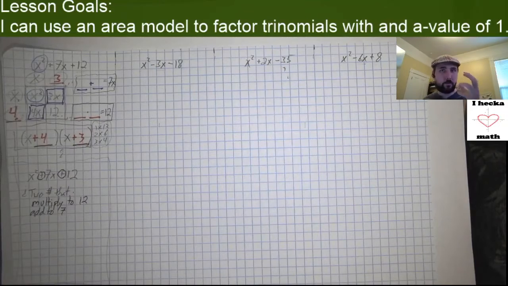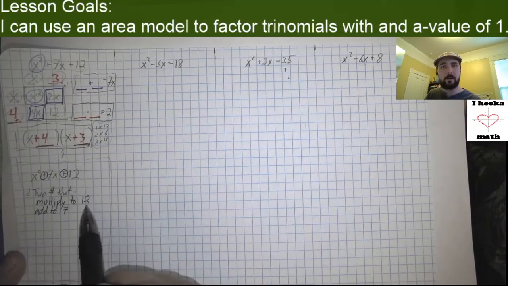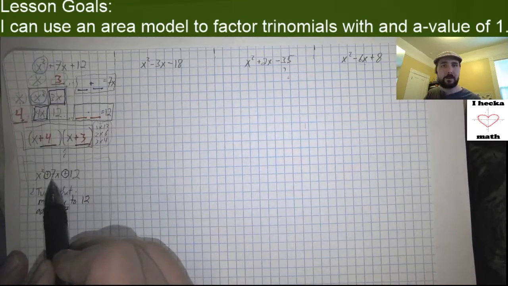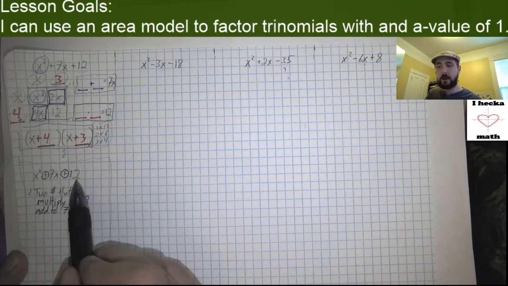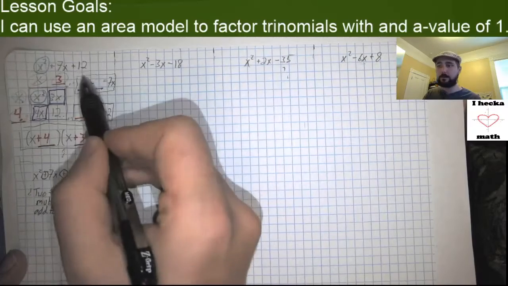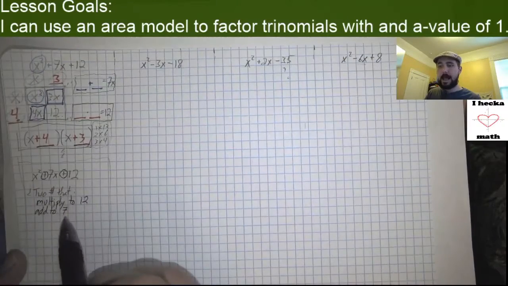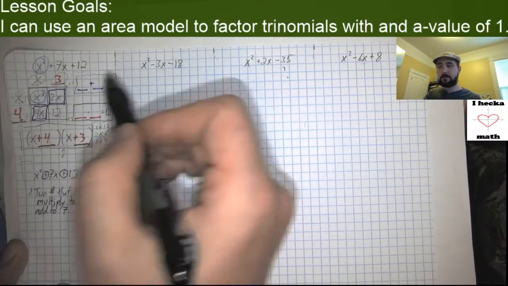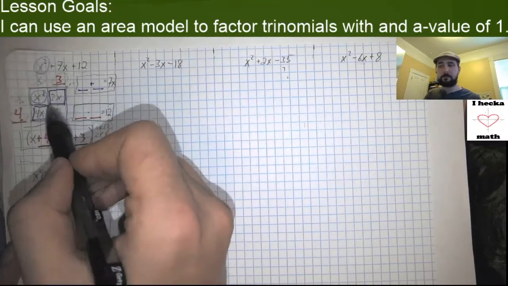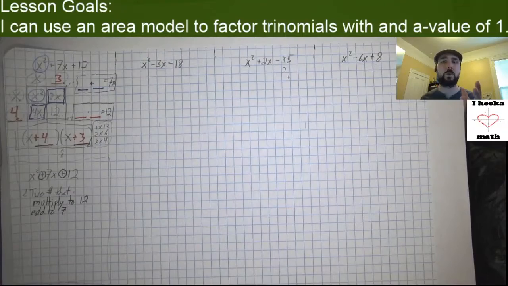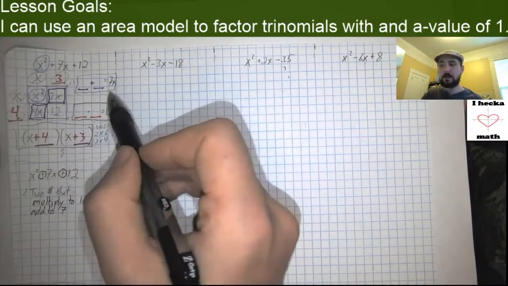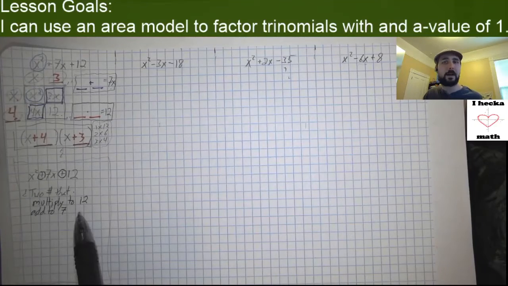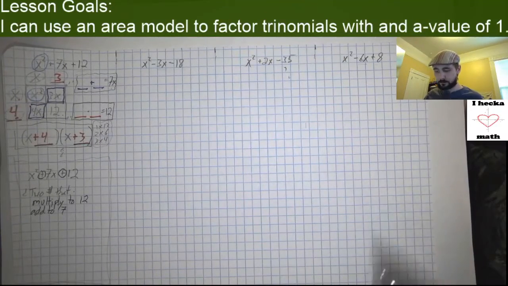And it's important to see where those came from, right? The 12 came from the 12 there, and the 7 came from the 7 there. So multiplied to 12, and added to 7, and then 3 plus 4 is that 7, right? So that was the question you were answering. The area model, these thought bubbles here are all to help us organize our answer to this question.